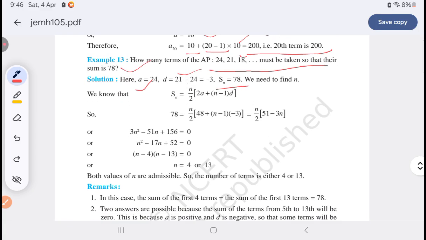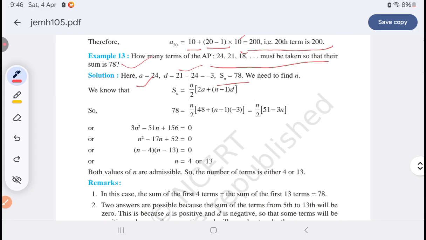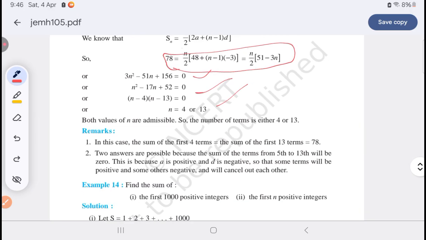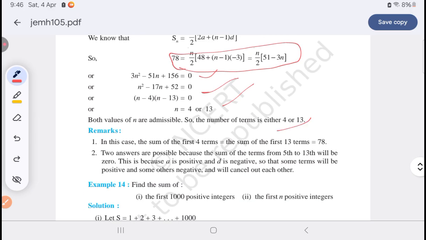Then Sn equal to n by 2 into 2a plus n minus 1 into d. So you will get some equation. From this you will find out n. So this number will be either 4 or 13.